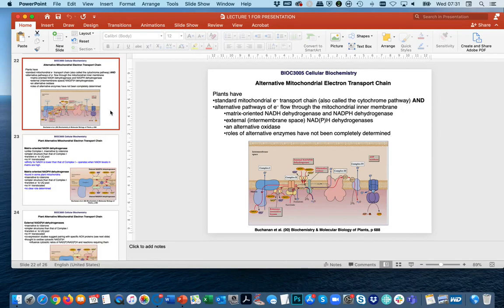In other words, what's known as the cytochrome pathway that we've just been talking about is found in plant mitochondria. But plant mitochondria also have an alternative pathway of electron flow through the mitochondrial inner membrane. That alternative pathway involves matrix-oriented NADH dehydrogenases and NADPH dehydrogenases.